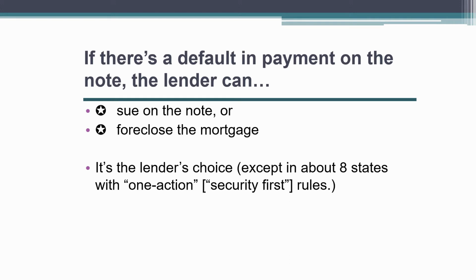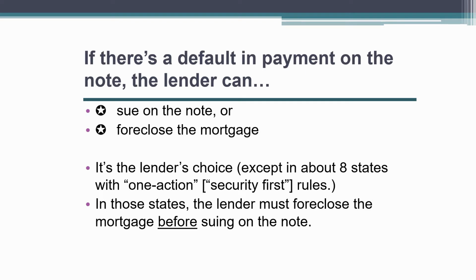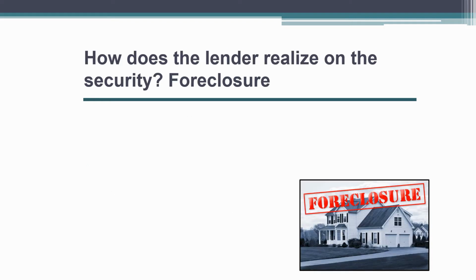The lender has a choice about which of these to do first, except in about 8 states. Those states have so-called one action or security first rules. Those two phrases mean the same thing, and in those states, the lender is obligated to foreclose the mortgage before suing on the note. The lender has no choice about it in those 8 states.